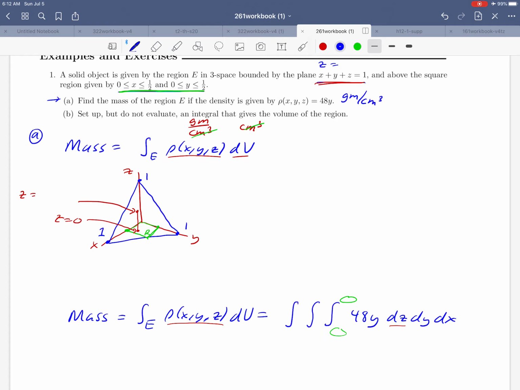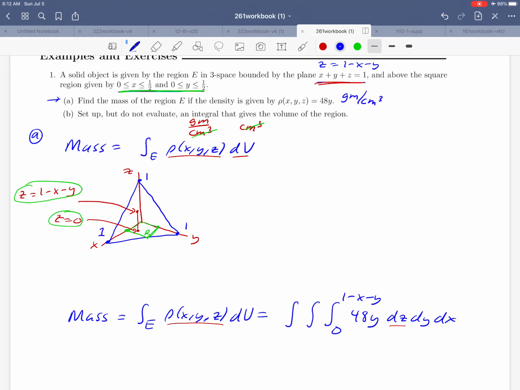We can do that by just subtracting the x and the y from both sides. Another way of writing that formula is z equals 1 minus x minus y. So in a nutshell, z equals 0 is our bottom surface, z equals 1 minus x minus y is our top surface, and so those have to be our limits: from z equals 0 to z equals 1 minus x minus y.